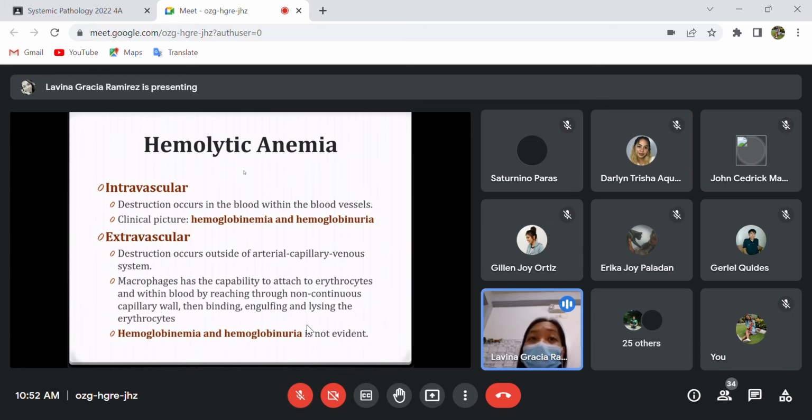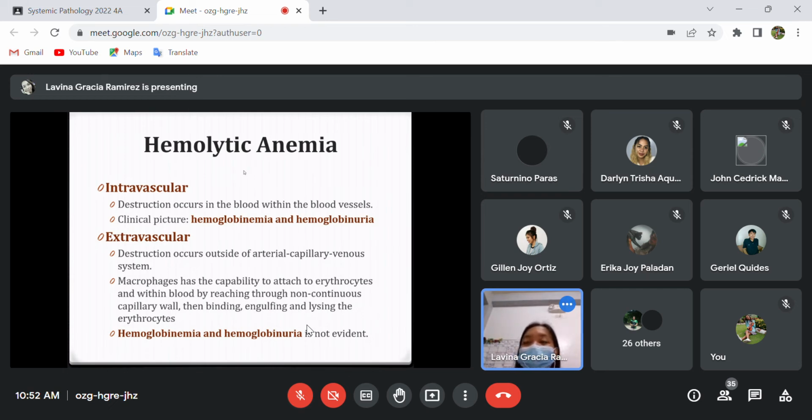They destroy those erythrocytes. The macrophage has the capability to attach to the erythrocytes within blood by reaching through the non-continuous capillary wall, binding, engulfing, and lysing the erythrocytes. So dito, walang lumalabas because all the byproducts of the lysed RBC stay strictly within the macrophages. That's why you will never see evidence of hemoglobinemia and hemoglobinuria.